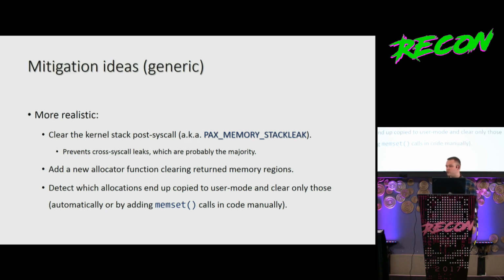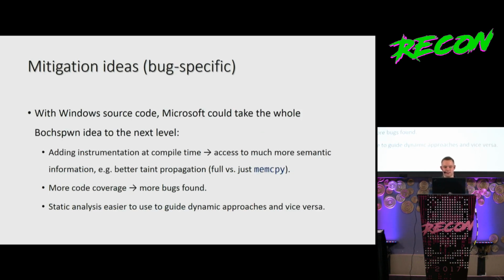And they could somehow try to detect which allocations actually end up copied to user mode and clear only those, either automatically or just by manually adding memsets for all of those cases. And, being Microsoft and having the source code of Windows, they can really do a lot of interesting stuff because they have access to much more semantic information than I do.